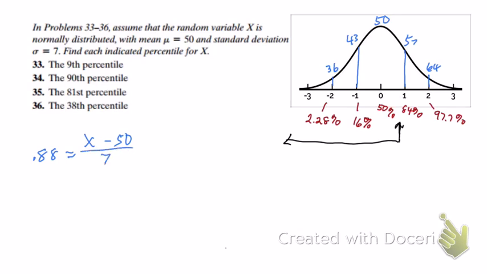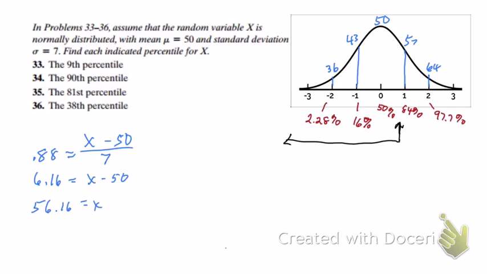So I multiply both sides by 7, and over here I'm getting 6.16 equals x minus 50. I add 50 to both sides. So when x has a value of 56.16, that would put it at the 81st percentile of this distribution.